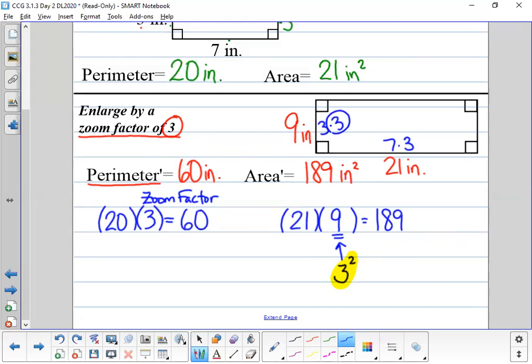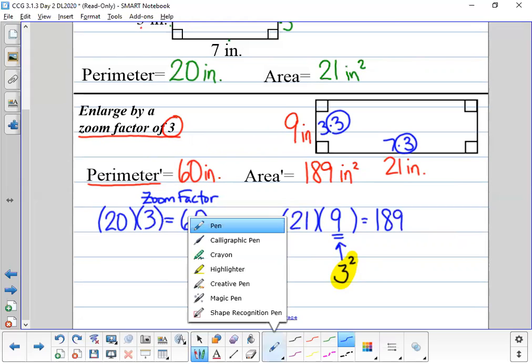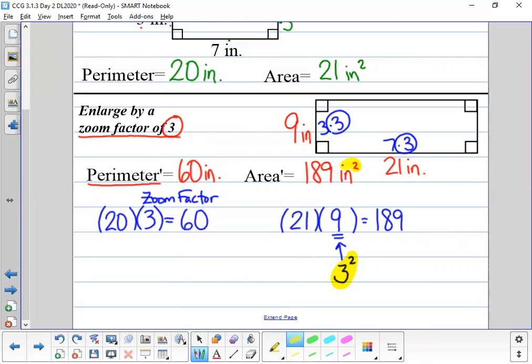So I really multiplied by 3 for both dimensions, and 3 times 3 is 9. When I have an area, my units are always squared. So that can help you remember that when I'm comparing areas of similar shapes, their areas are going to be in a ratio of the zoom factor squared rather than just the zoom factor itself.